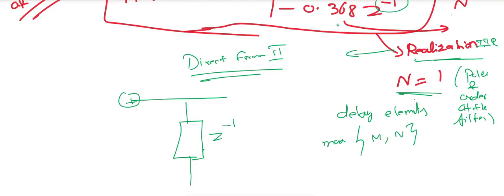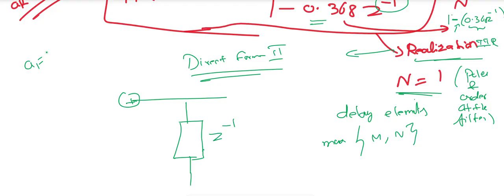It is 1 minus 0.368 Z inverse, because the formula is 1 minus the coefficient. So what is the coefficient here?